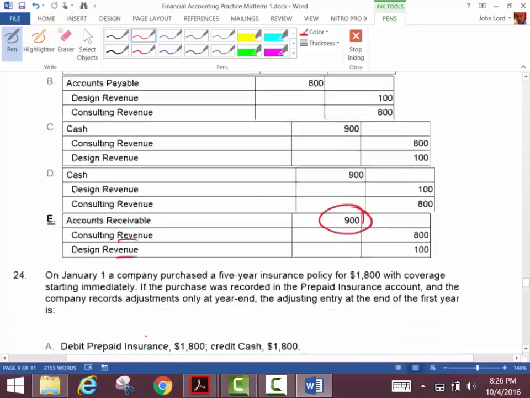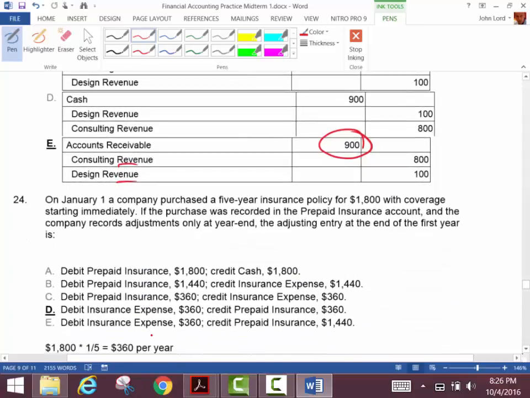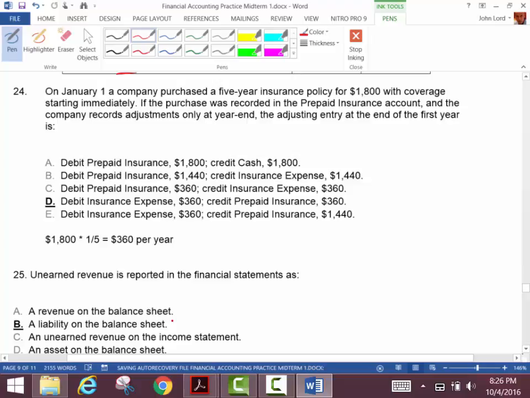Okay. On January 1st, a company purchased a 5-year insurance policy for $1,800 with coverage starting immediately. The purchase was recorded in the prepaid insurance account, and the company records adjustments only at year end. The adjusting entry at the end of the first year: $1,800 insurance policy for how many years? 5 years.